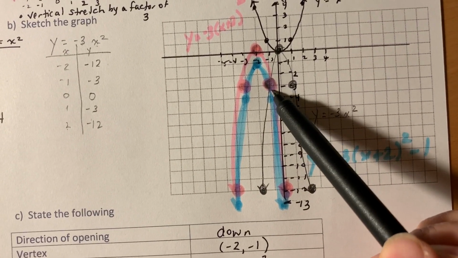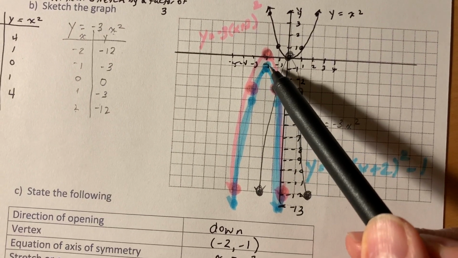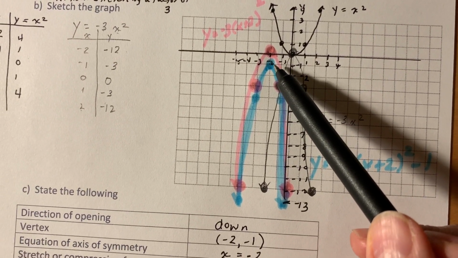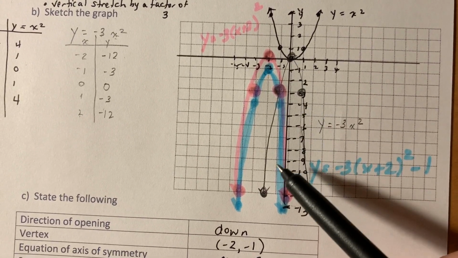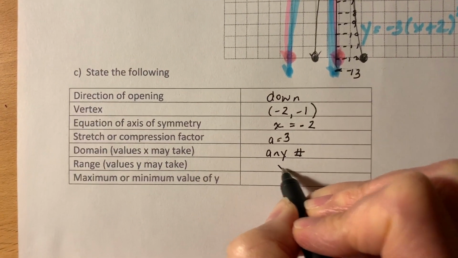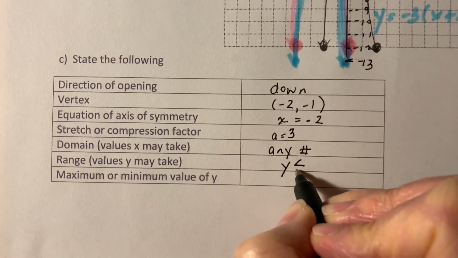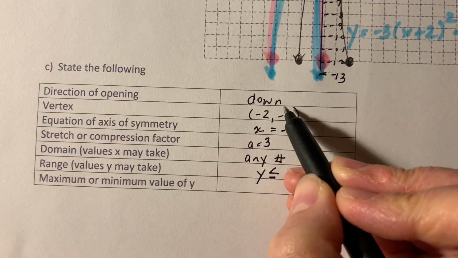So all these are somewhere on my graph. So I know the values y may take is all the values, including -1, and the ones that are less than -1. So I write it as an inequality: y is less than or equal to -1, which is my K value.